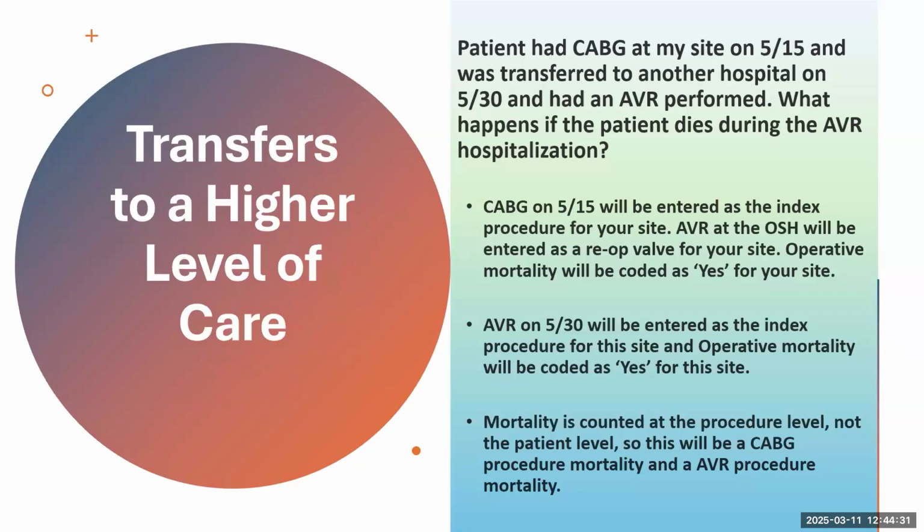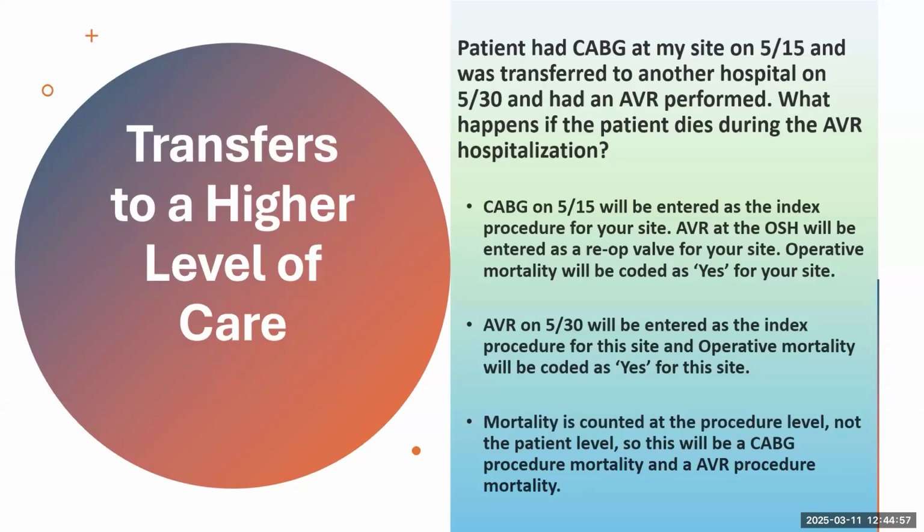Now, let's talk about the other site, the hospital that you transferred this patient to. The AVR on 5/30 is going to be entered as the index procedure for the outside hospital. And they are also going to code it as operative mortality for their site. And people ask, well, how can that be? A patient can't die twice.